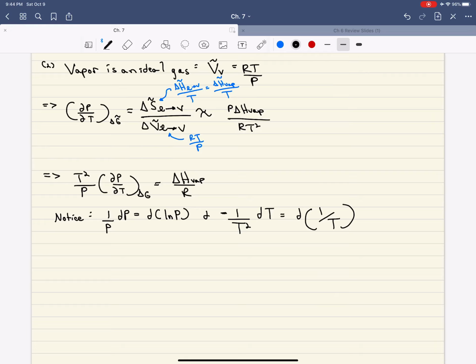The derivative of 1 over temperature, if you do the chain rule, gives you this. And so what we could do is rewrite our partial derivative like this.